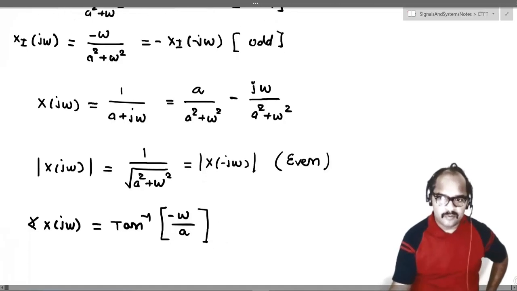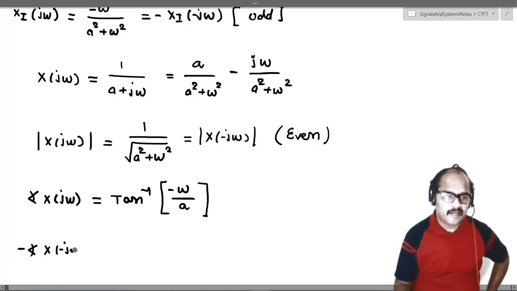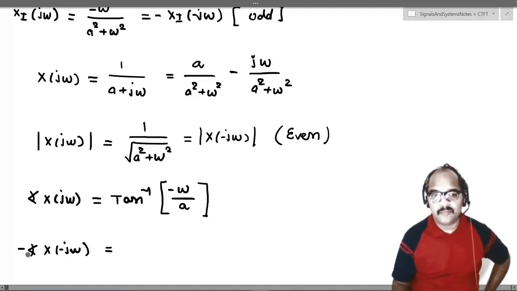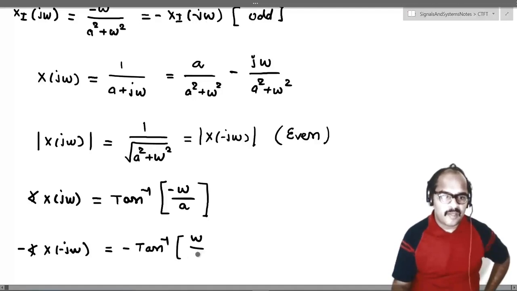So we have to check what will happen if you take minus angle of x of minus j omega. This should be equal to our angle of x of j omega. Why? The angle of the Fourier transform, or phase of the Fourier transform, is odd. So minus angle of x of minus j omega should be equal to our angle of x of j omega. Let us see whether we will get that or not. You will get minus tan inverse of omega by a.